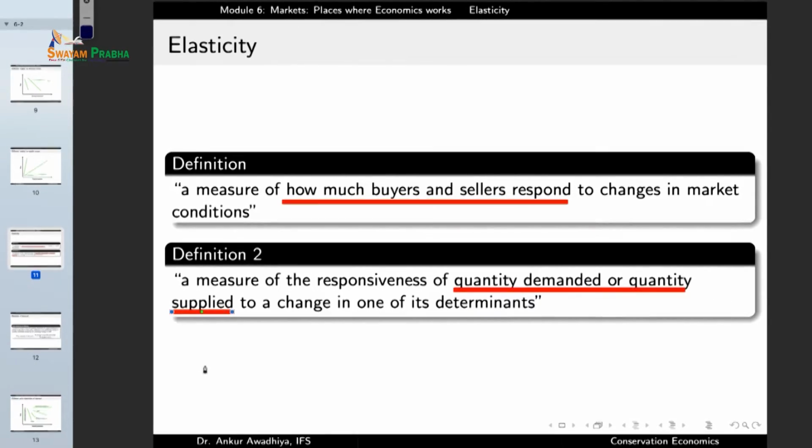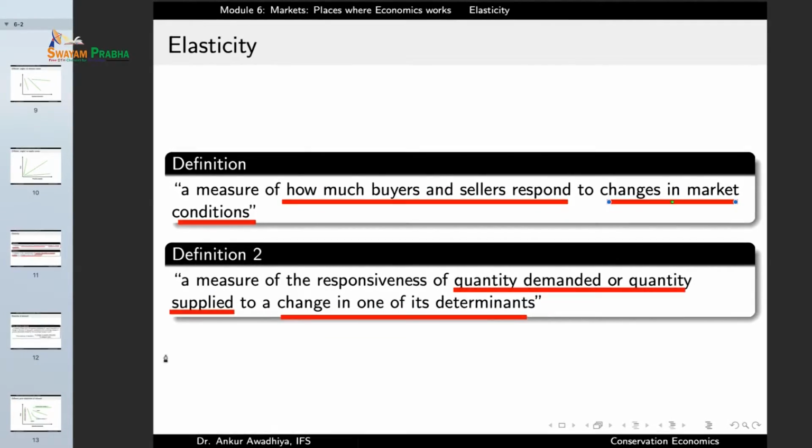And we are trying to measure this response in terms of changes in the market conditions, or in terms of changes in the determinants of the quantity demanded or supplied. So this is elasticity.